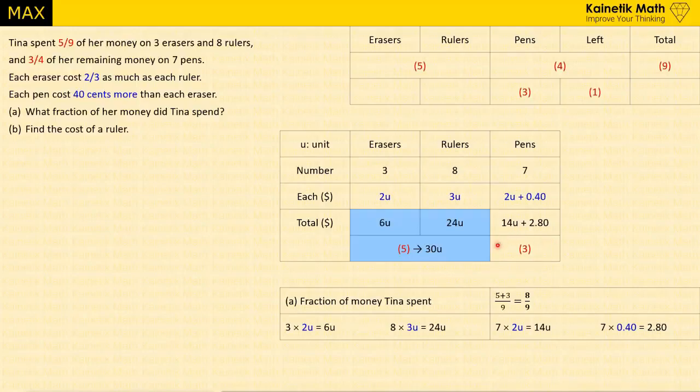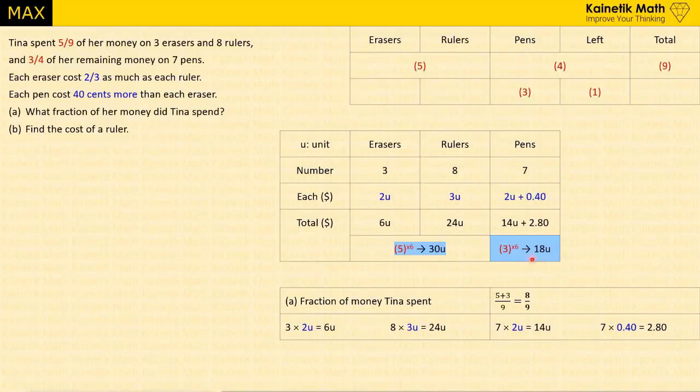Then we can do something to the 3 parts over here, right? Because if 5 parts is 30 units, then how many units is 3 parts? Please key in the chat. Alright, that's right. 3 parts will be 18 units, right? Because 5 times 6 equals 30, so here 3 times 6 equals 18.